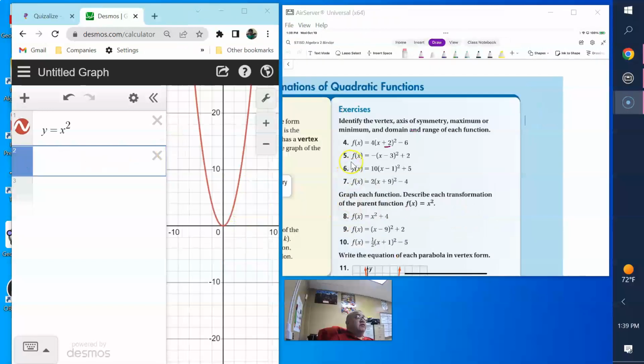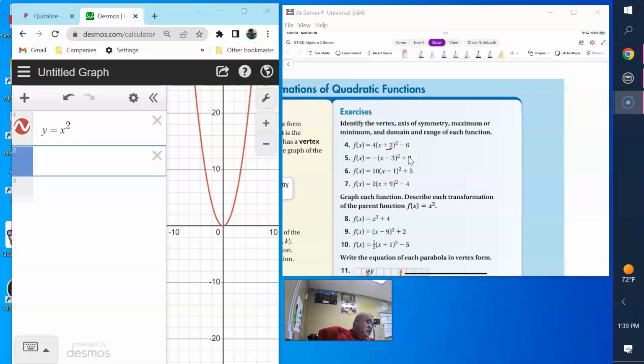For number 5, we have f of x equals negative (x minus 3) squared plus 2. That negative is going to make it reflect. That -3 is going to shift it to the right 3 units, and it goes up 2.